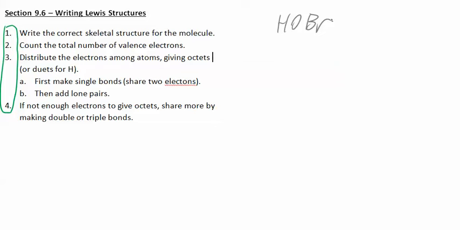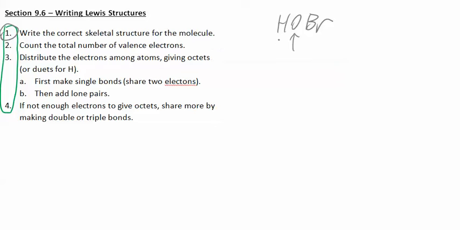Now, in terms of what steps to follow, step 1 is to write the correct skeletal structure for the molecule. You've got to figure out what's in the middle and what's on the outside. In this, they give you a hint because there are 3 atoms, and the fact that they put the oxygen in the middle gives you a little bit of a hint that it is in the middle. Normally, the less electronegative element is in the middle, and oxygen is the most electronegative of these 3.